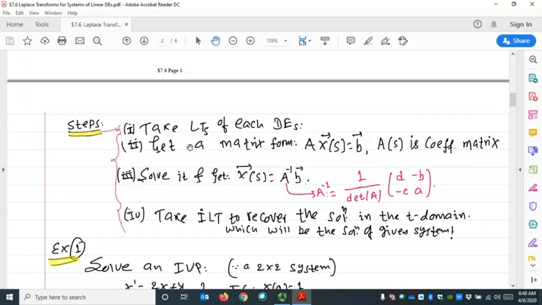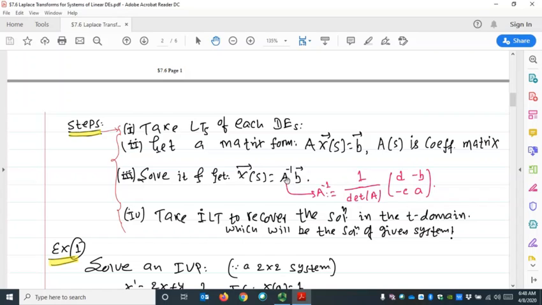Step 2, get a matrix form. Now this capital X is a Laplace transform of little x. Ax equals b, where A is a coefficient matrix, and solve for capital X, which is this form here. We need to compute the inverse of our coefficient matrix and multiply through by b.